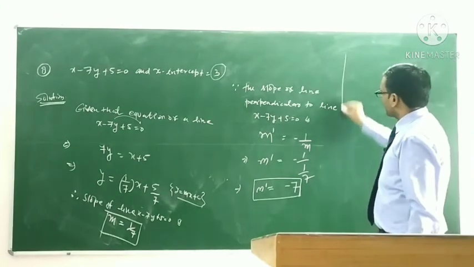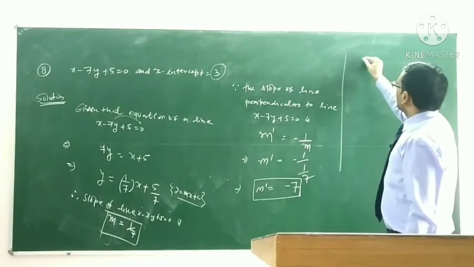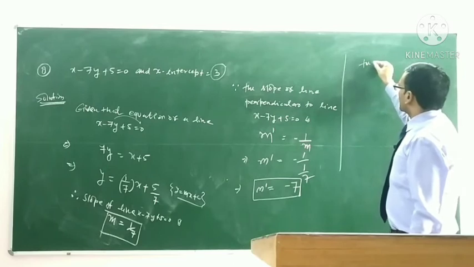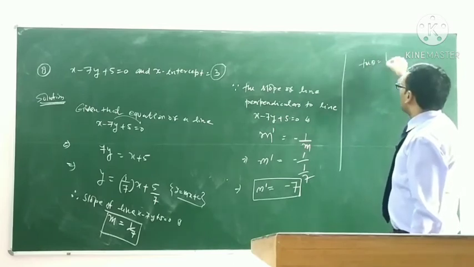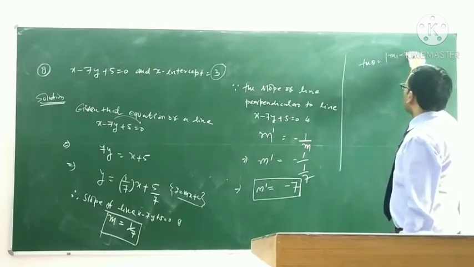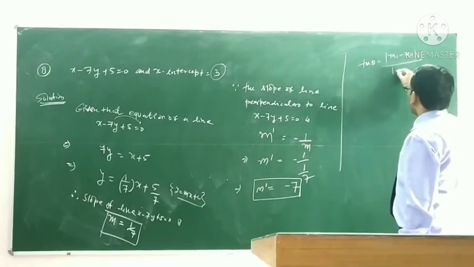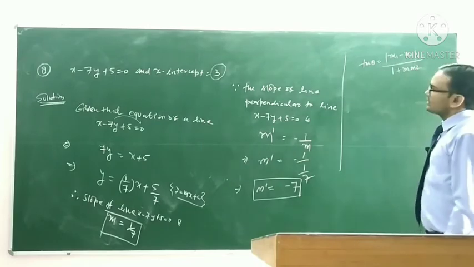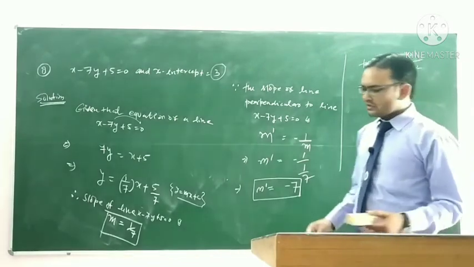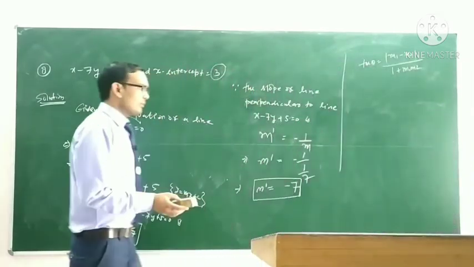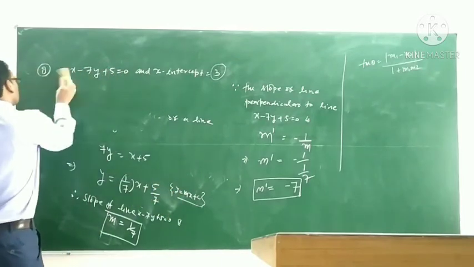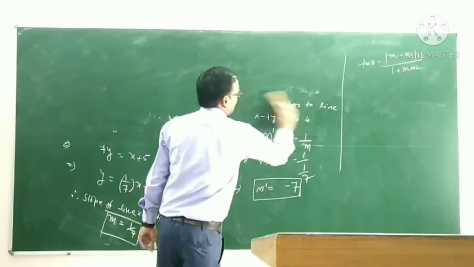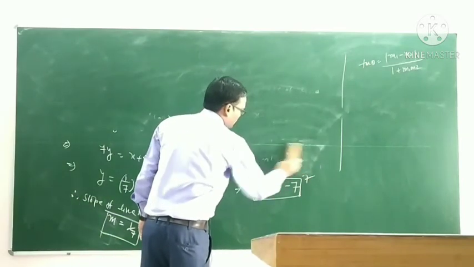We have discussed in a previous lecture the angle between two non-vertical lines: tan theta equals mod of m1 minus m2 upon 1 plus m1 into m2. In this question we find the slope of the first line and second line. Then using this formula we find the angle between the two lines.